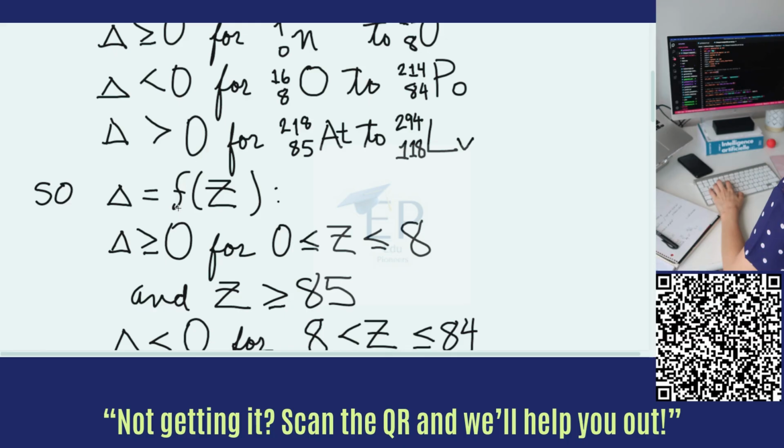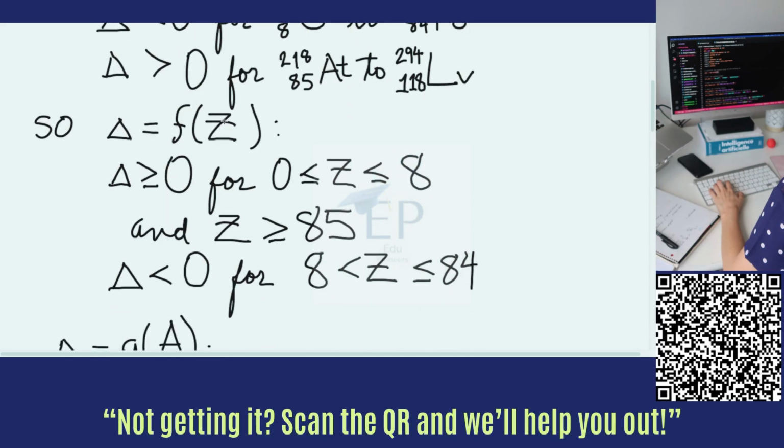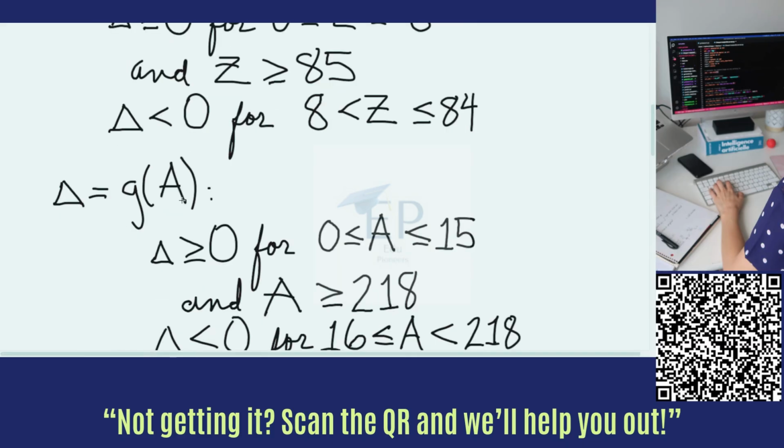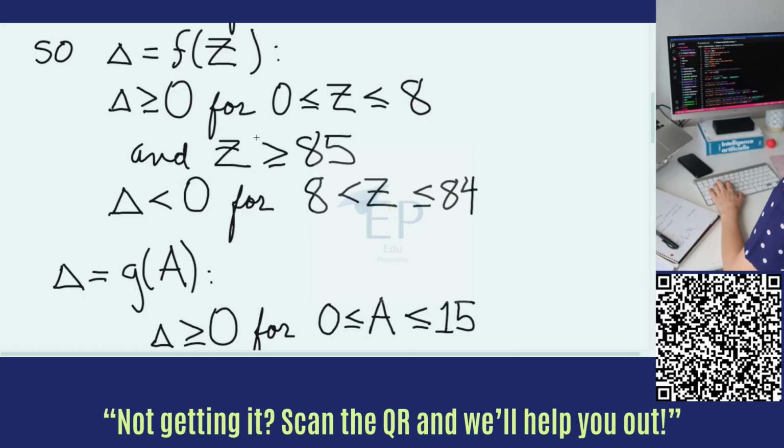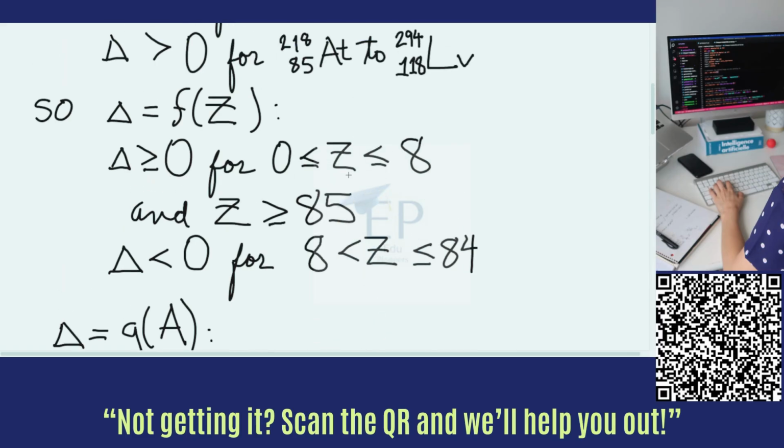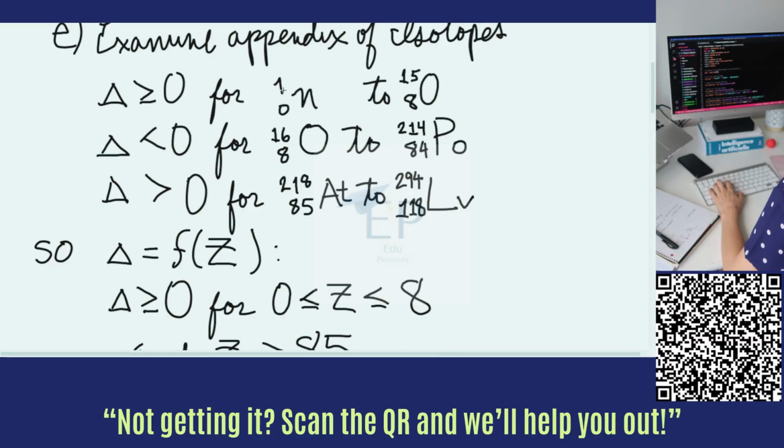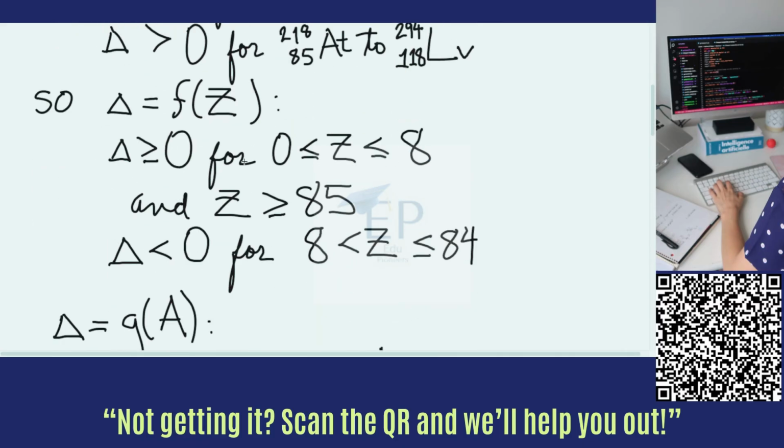We can write a function for the sign of the mass excess in terms of both atomic number Z and atomic mass number A. These can be the boundaries for each limit specification, taken from the atomic numbers above and entered into the respective boundaries for our function of atomic number.